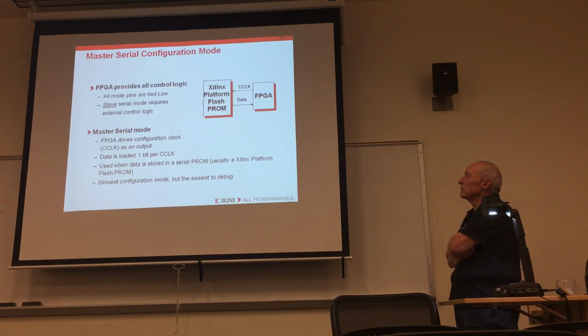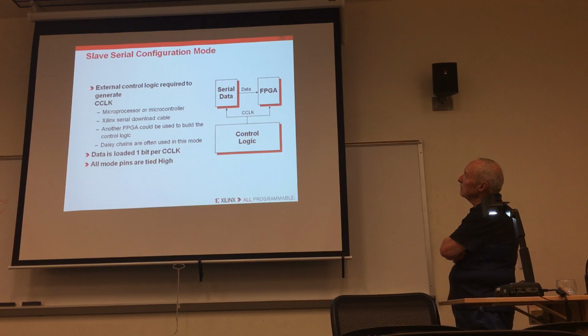Xilinx offers a variety of platform flash densities to accommodate the case where a designer has a multiple FPGA daisy chain and wants to store all the FPGA bitstreams in one flash device. For more information about this, check your device's data sheet or the user configuration guide. Now this configuration scheme is the slowest configuration mode, again, but the easiest to debug since the control logic is fixed.